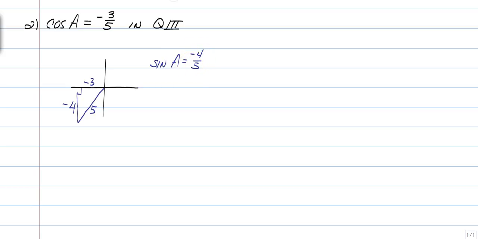So using the formulas, if you use the sine of 2a, you would have had, for this particular problem, 2 times -4/5 times -3/5, and for sine of 2a, you should have 24/25.